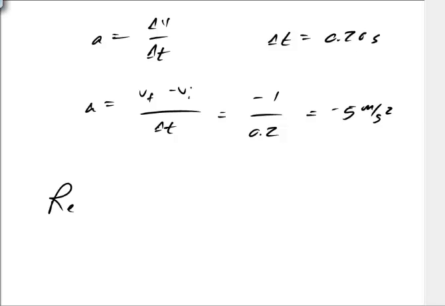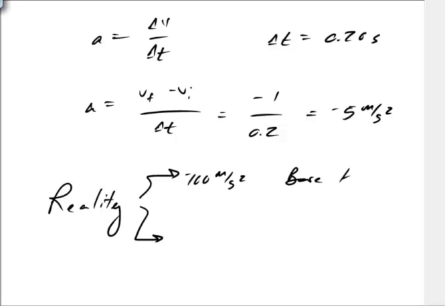So what does this have to do with reality, which is always a pertinent question in this class. If we go to the negative 100 meters per second squared, think about catching the steel ball with your bare hand. There's not much cushion on your skin and the flesh of your hand, so this could break some bones. It's going to hurt.